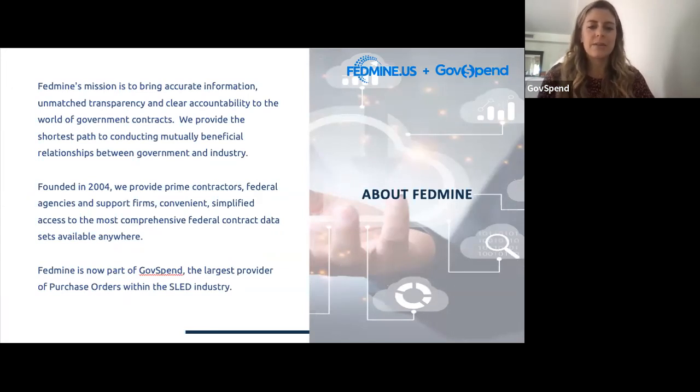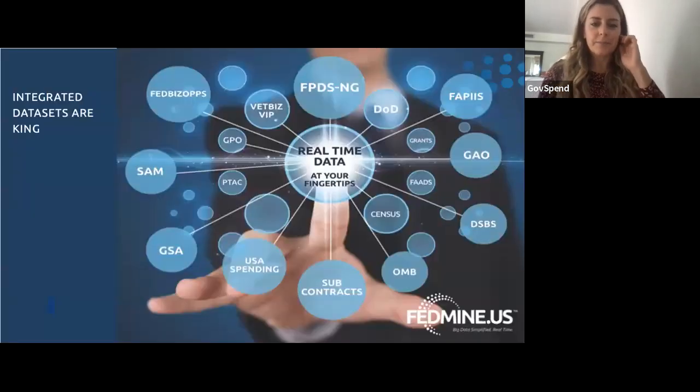So a little about Fedmine. We were founded in 2004. We're a business intelligence platform that analyzes and simplifies the increasingly complex federal business landscape in real time. We provide our clients the visibility that they need into their addressable market of business opportunities. And most recently, Fedmine is a part of GovSpend. As of last summer, GovSpend is the largest provider of purchase orders within the SLED (state, local, and education) industry.